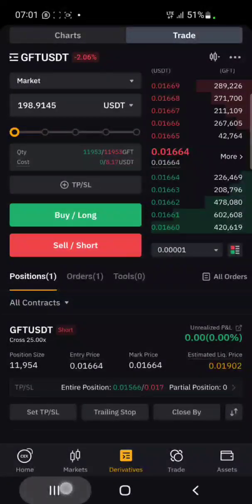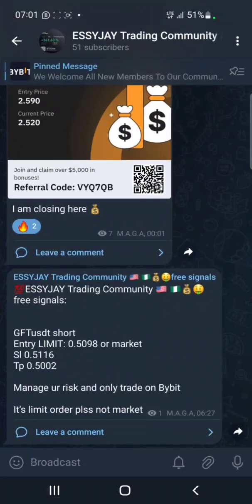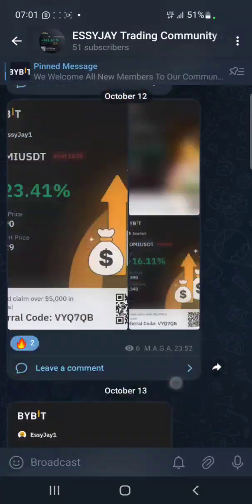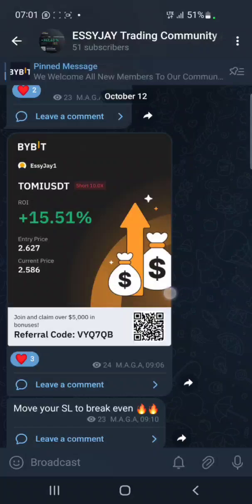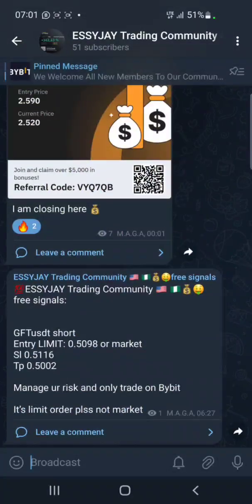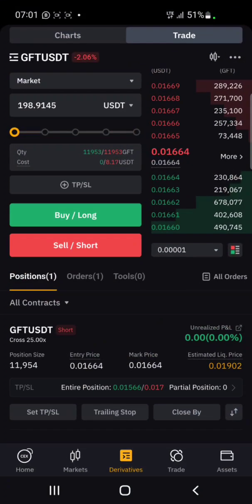Now if I say move your stop loss to break even, or if I tell you take partials, I can only tell you to move your stop loss to break even if you're already seeing profits here. You are in loss, minus 1.45%.